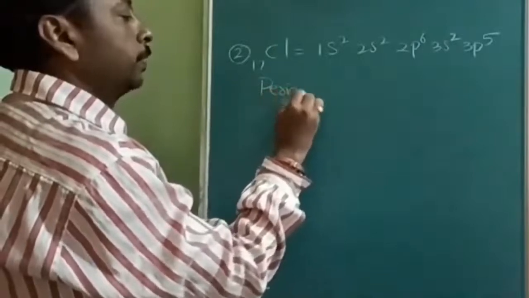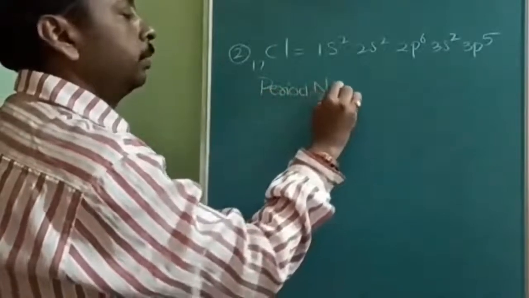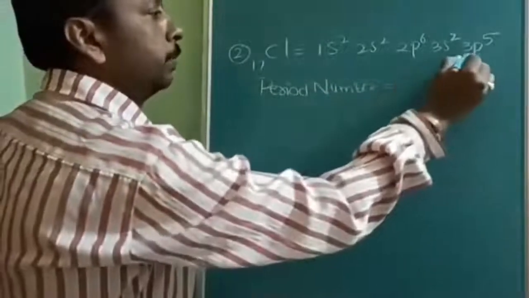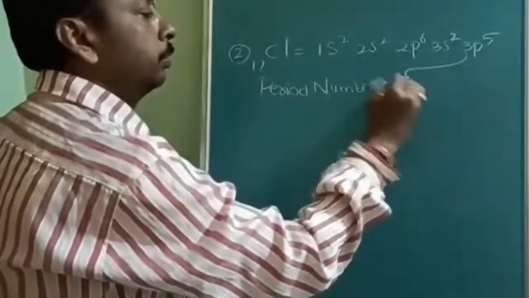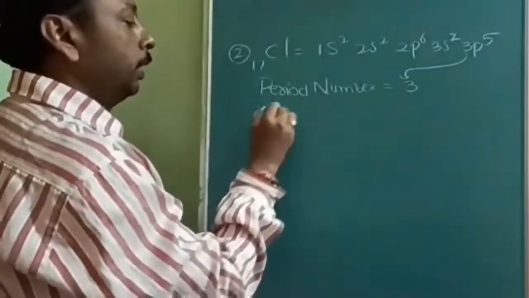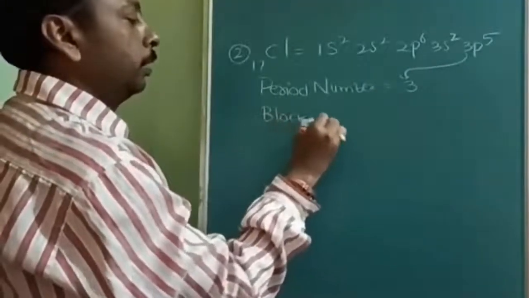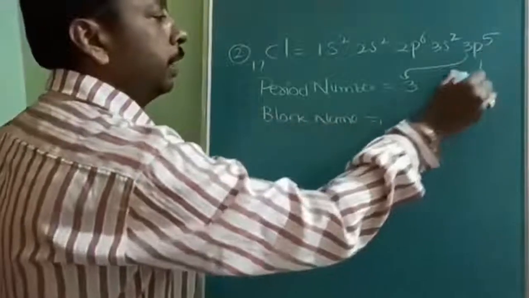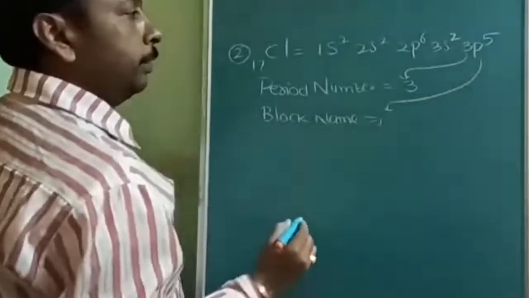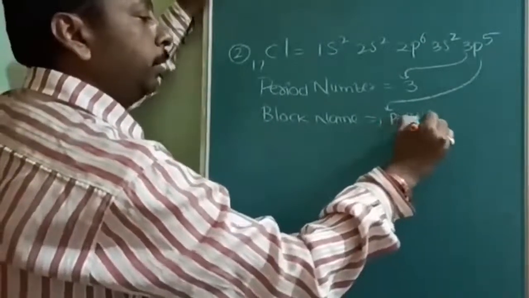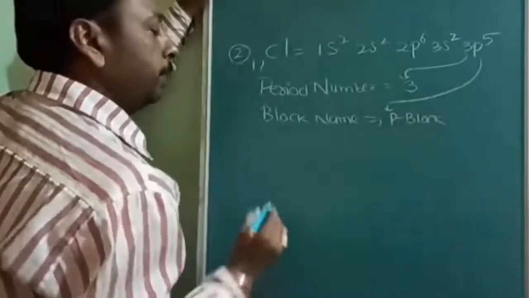Period number is equal to the highest principal quantum number. So period number is equal to what? 3. Then block name. Block name is the lastly filled subshell. Lastly, what have we filled? We have filled the P subshell. Therefore, it is P block.